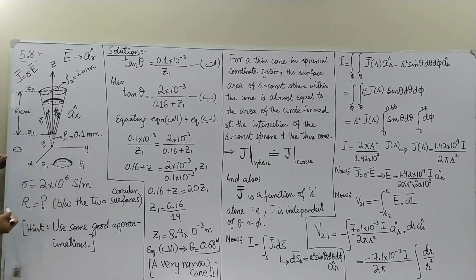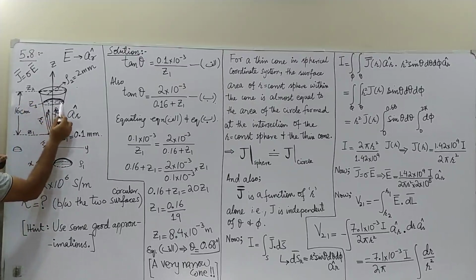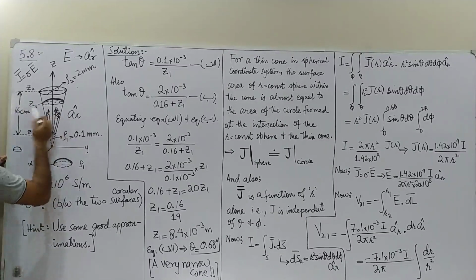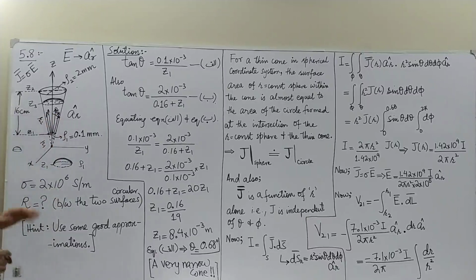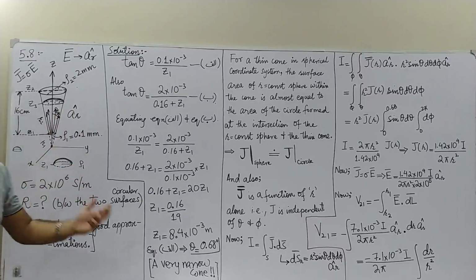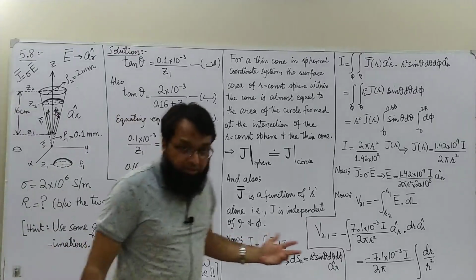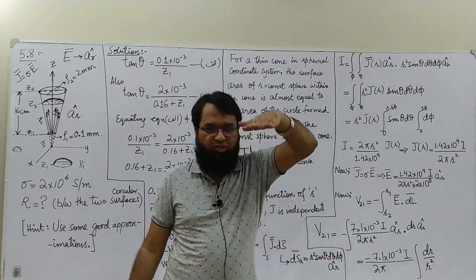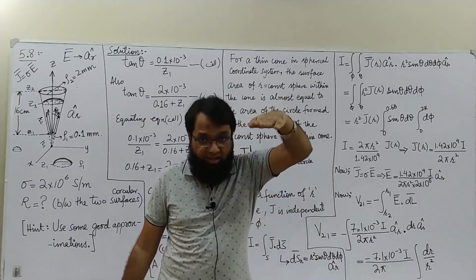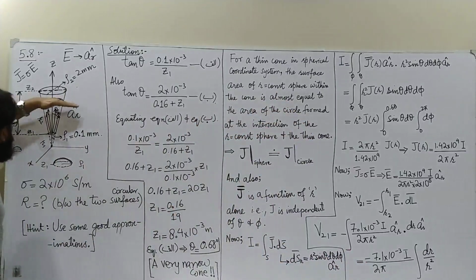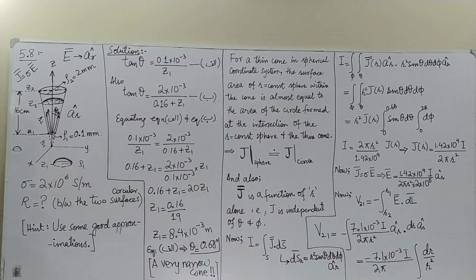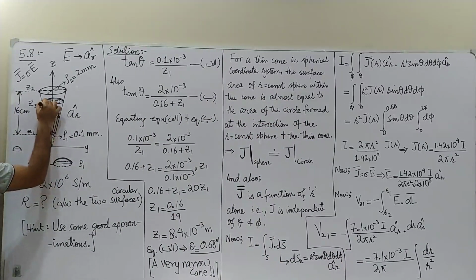Alright, so let's say this is height Z3, so you are maintaining height Z3 but you are moving within the circle, meaning you are changing the value of phi and theta. You are not changing the height, rather you are changing the value of theta and phi.